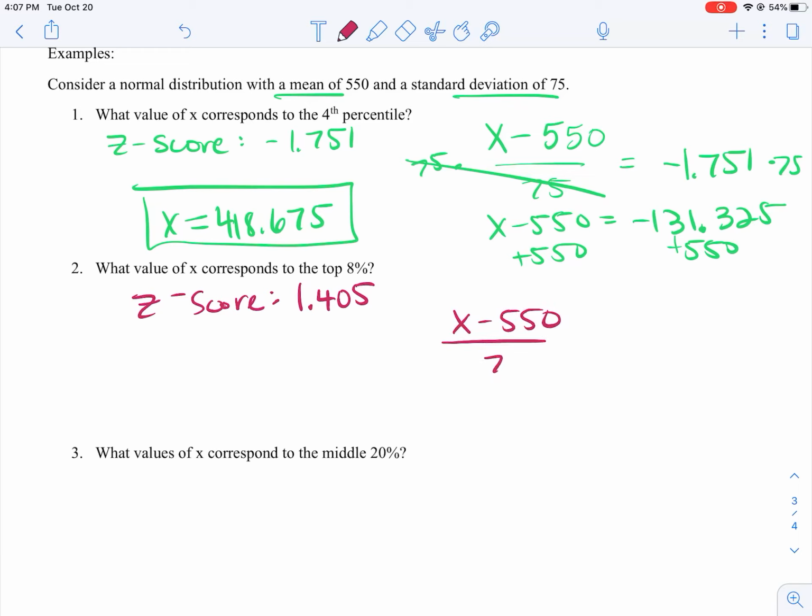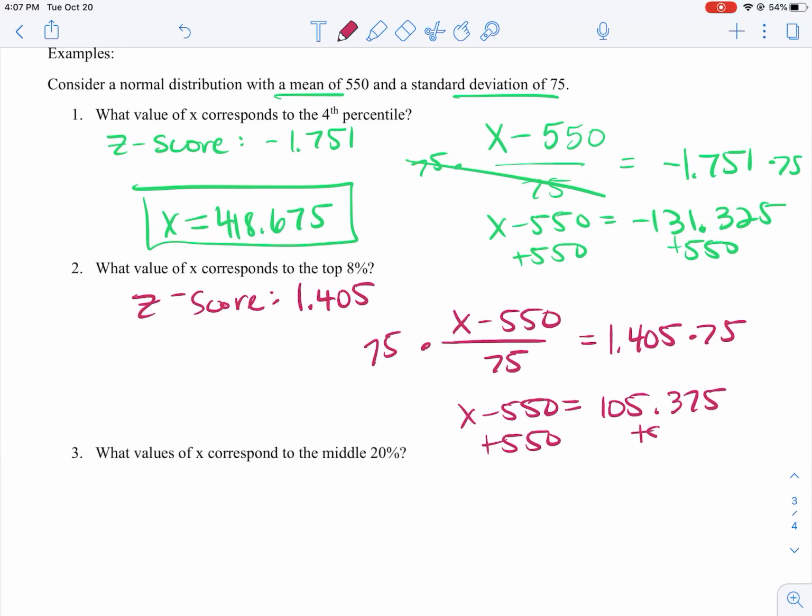So now I have X minus 550 over 75 equals 1.405. My solving steps are the same. That has not changed because my equation is still the same, right? So 105.375. When I add 550 to both sides, I get X equals 655.375.